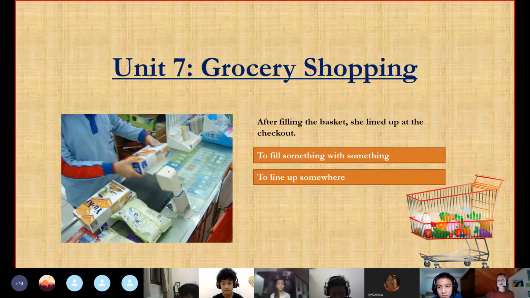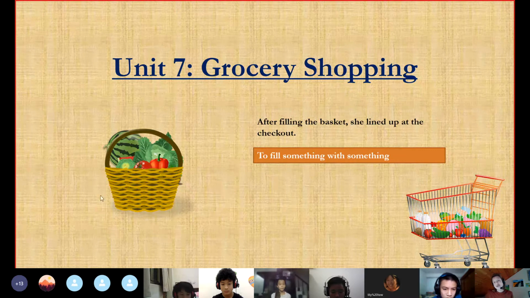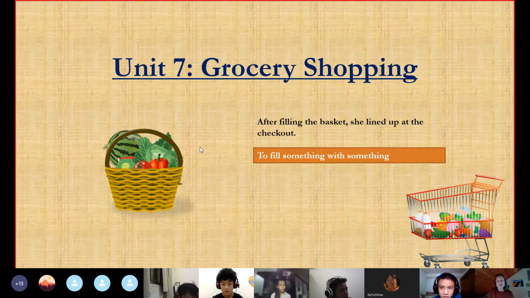Okay, so let's look at the first part. To fill something with something. So let's look at that. So what can we see in this picture? Dylan, what can we see here? Basket.